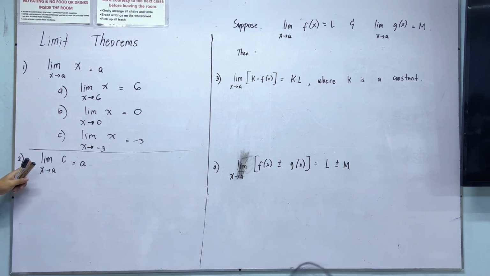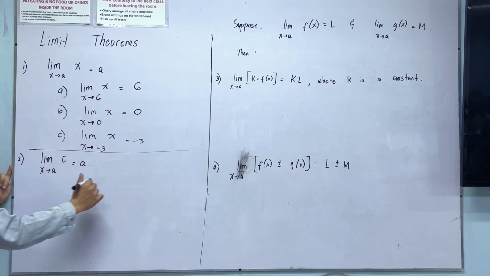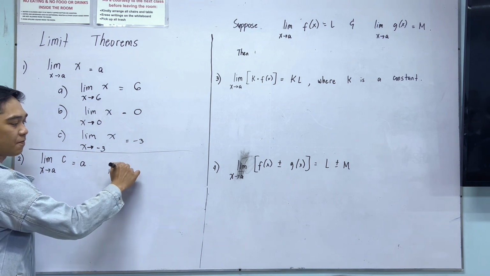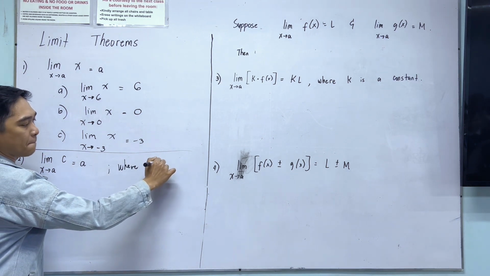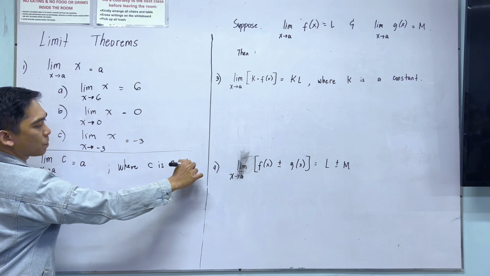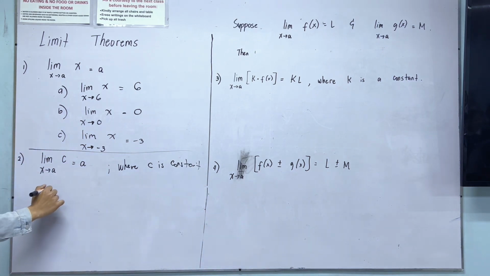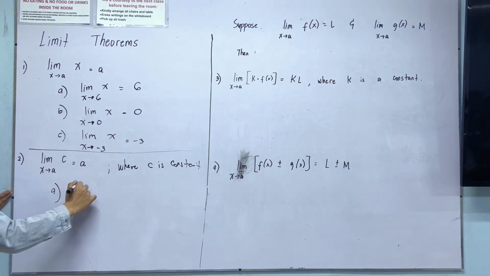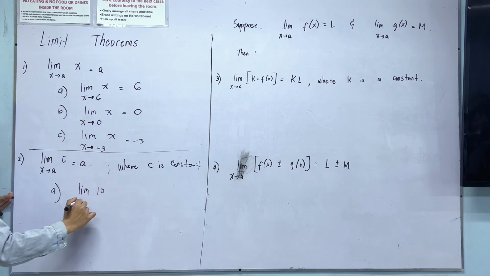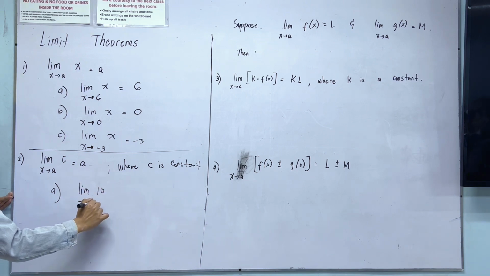Number 2 theorem, limit of c as x approaches a, where c is a constant. Example, limit of 10 as x approaches 3.